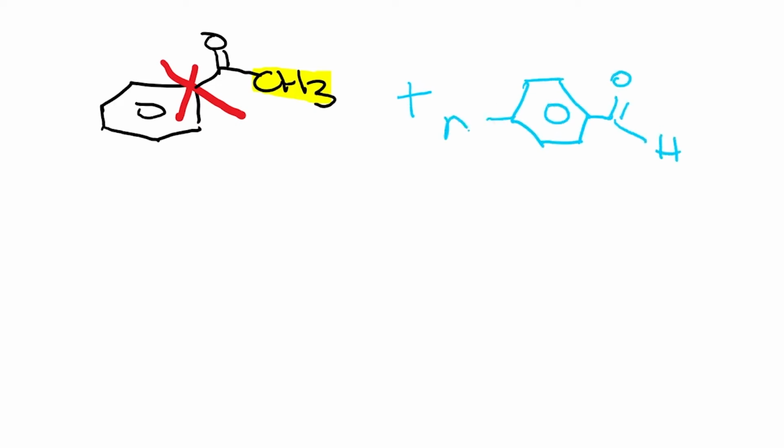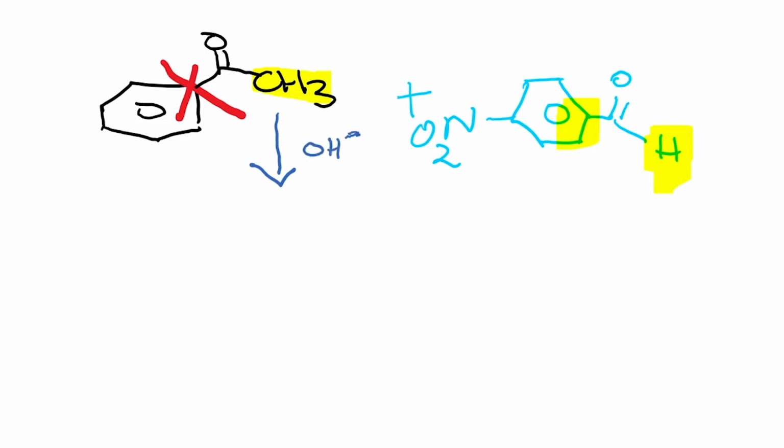Okay, so let's say we start with this 4-nitrobenzaldehyde, and I want to point out that this hydrogen is an aldehydic hydrogen, and so this is also not enolizable, and clearly there is no hydrogen here to enolize. So when I mix these two reagents together, the only enolizable hydrogen in the presence of a base is this.